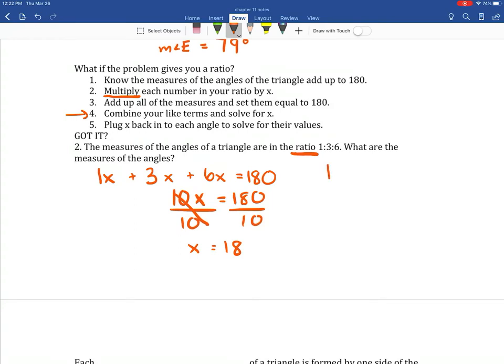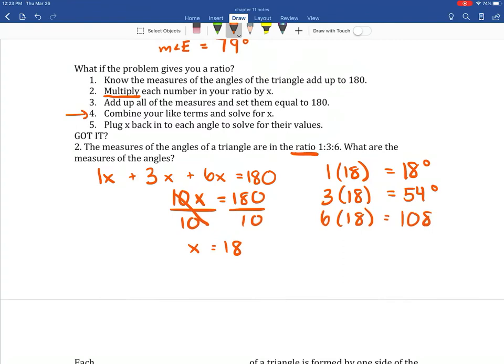So I'm going to have 1 times 18. I'm going to have 3 times 18. And I'm going to have 6 times 18. Now you can check your work and add all of those up, but when you add those, you do get 180 degrees.